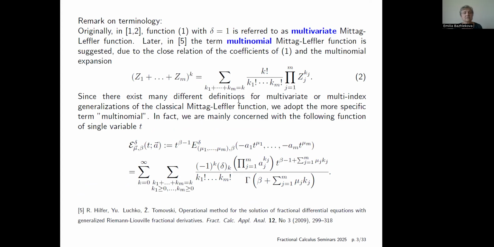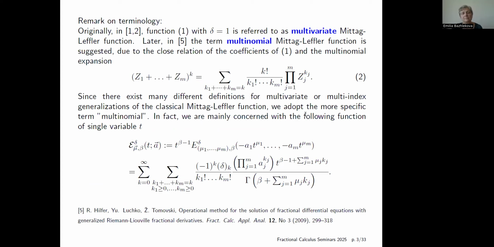Let me make a remark on terminology. Originally, in the papers of Luchko 1 and 2, this function with parameter delta 1 is referred to as multivariate Mittag-Leffler function.